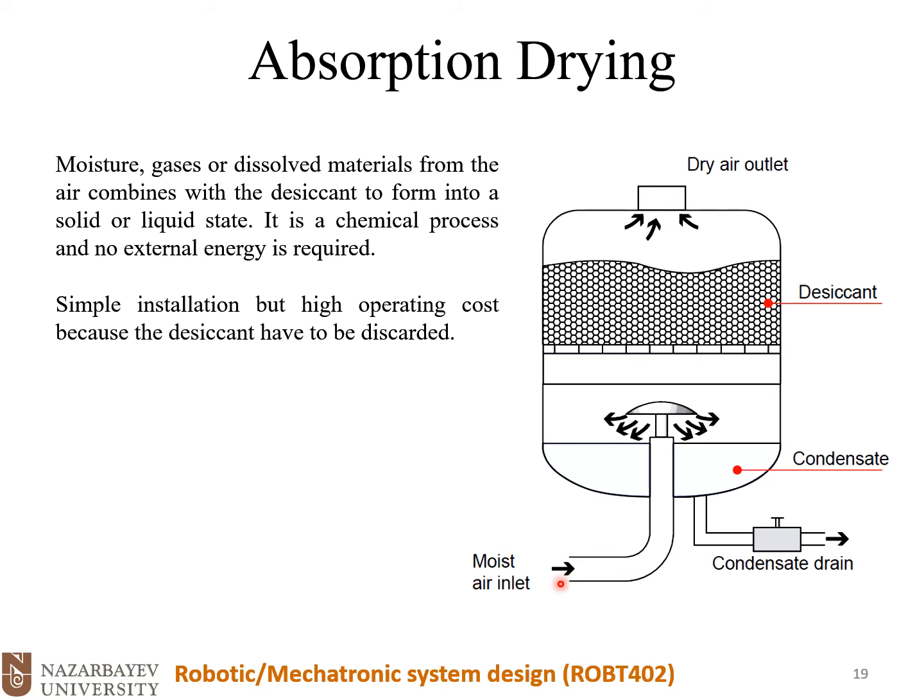It depends on the humidity of the city, of the environment, but anyway we have some level of humidity in the air. So now this air comes in, the water, the moisture will make a chemical reaction with the desiccant, and then at the output we have dry air.